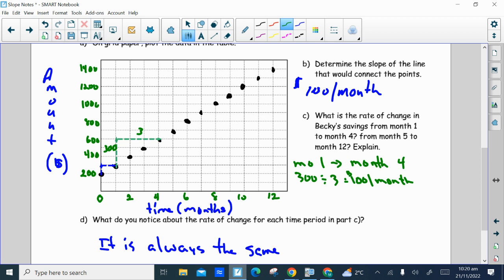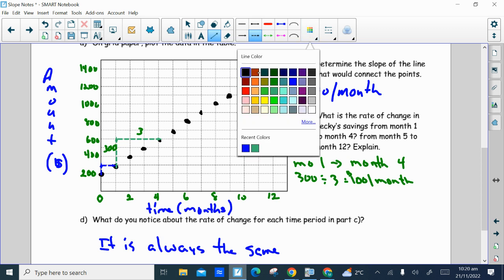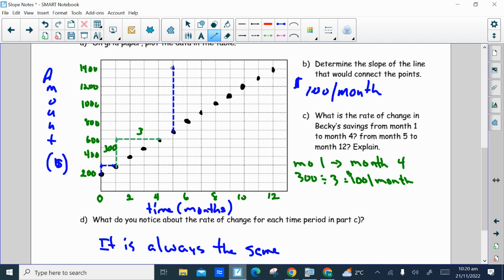And if you went from month 5 to month 12, again using a different set of lines here, month 5, which is here, up to month 12, here you're going to rise 1, 2, 3, 4, 5, 6, $700 up, and you're going to run 1, 2, 3, 4, 5, 6, 7 months.